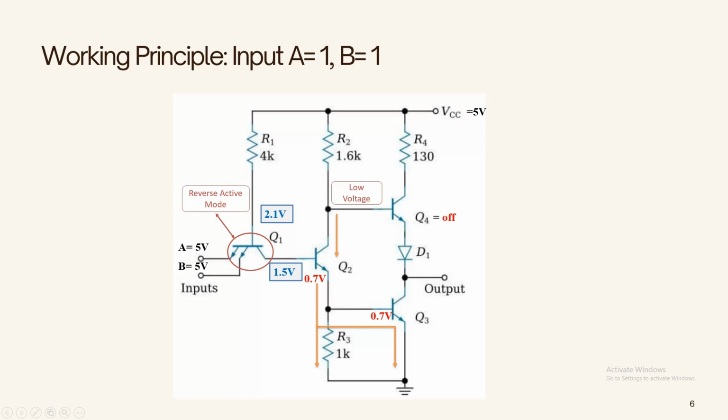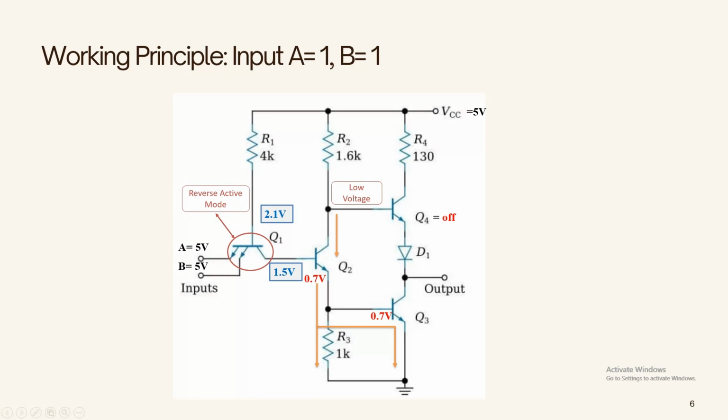Now, from the perspective of the base of Q3, we can see it has 0.7 volt of potential, which is high enough to make the base to emitter junction forward biased, and the base to collector region is also in forward bias because, as we said before, the collector has a very low voltage as there is no current flow through Q4.